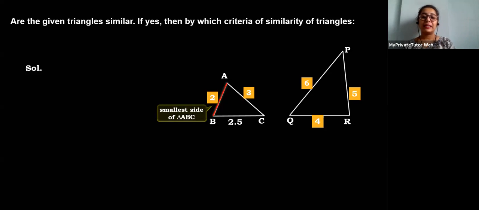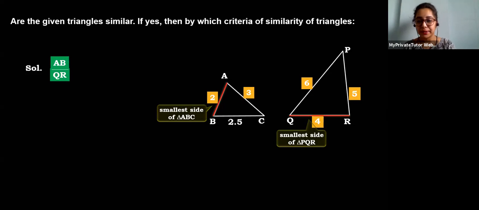In triangle ABC, the smallest side is AB. The smallest side of triangle PQR is QR, right? So AB over QR.